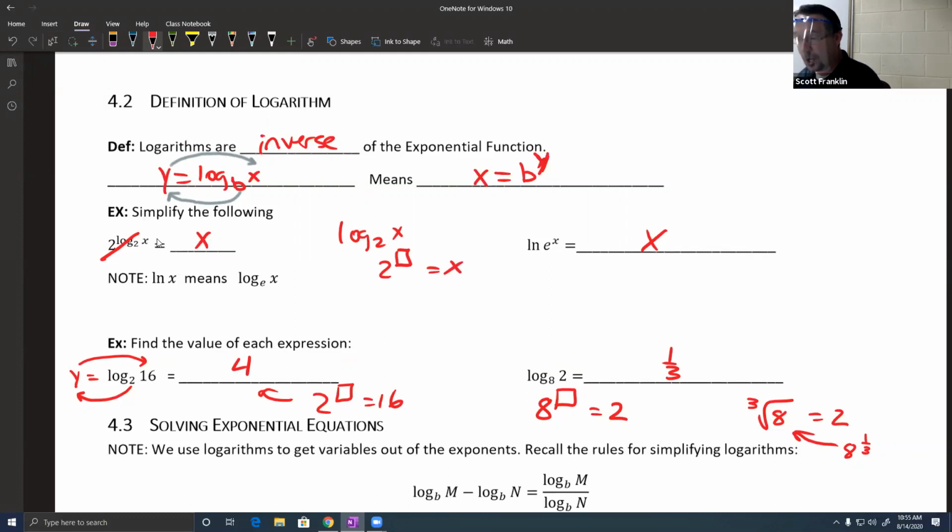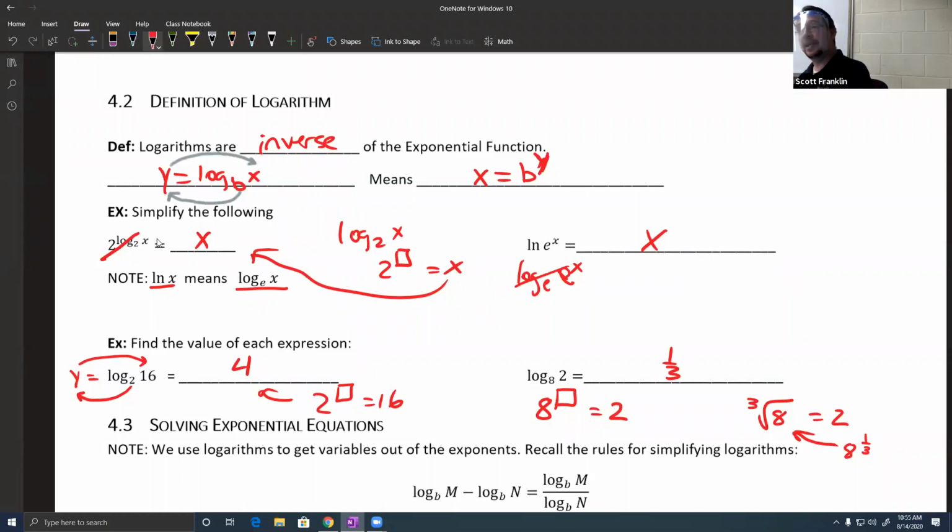What goes in here is the value of this, and if I raise 2 to that, then I'm going to get that x. That's why that works out. And natural log, the ln of e to the x, that's log base e of e to the x, because natural log means log base e. They will cancel each other out and you get just x.